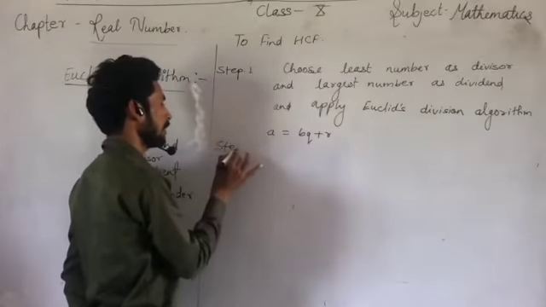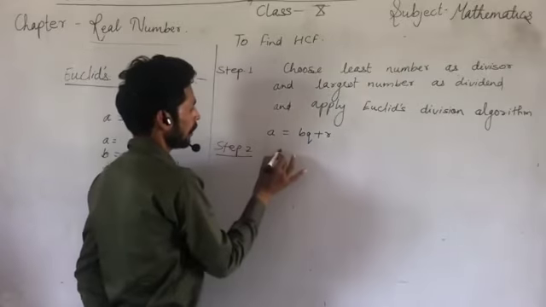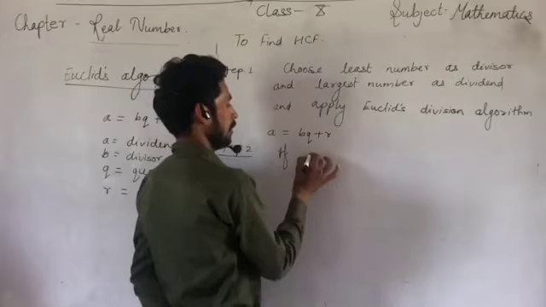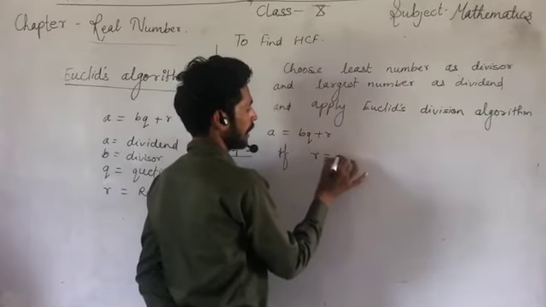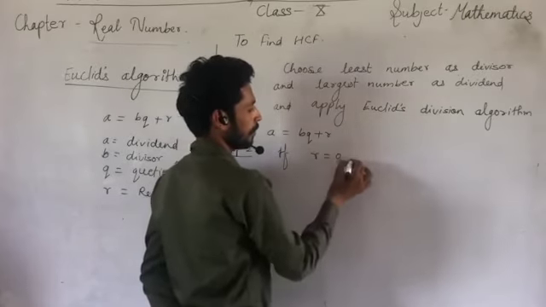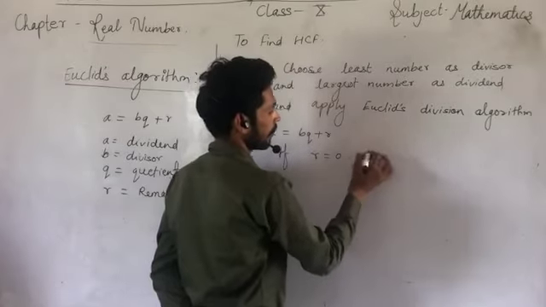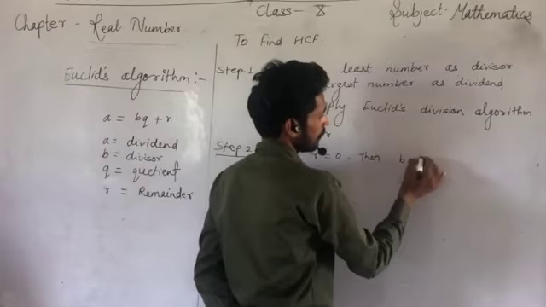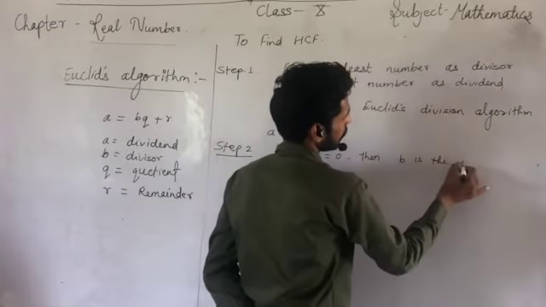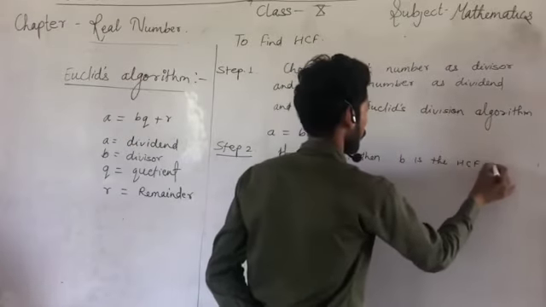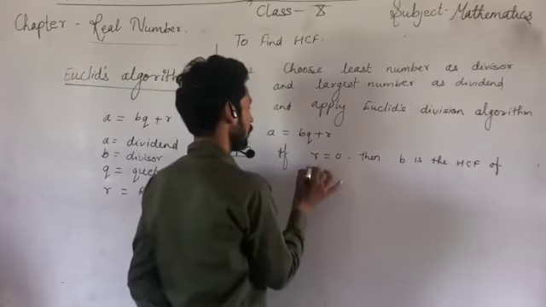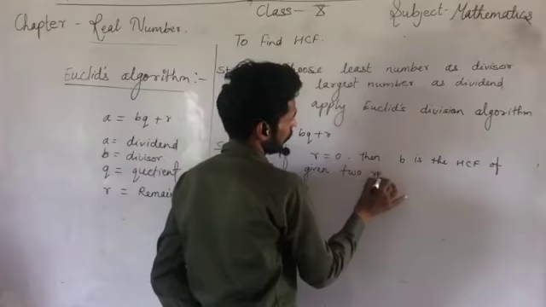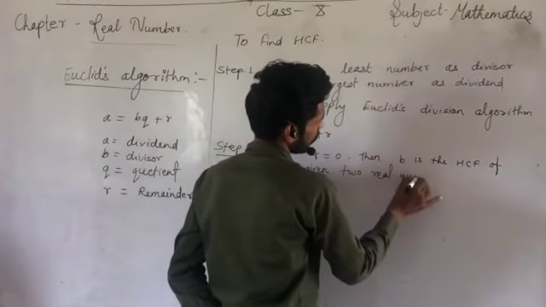Step number 2. If remainder r equals 0, then b is the HCF of the given two real numbers.